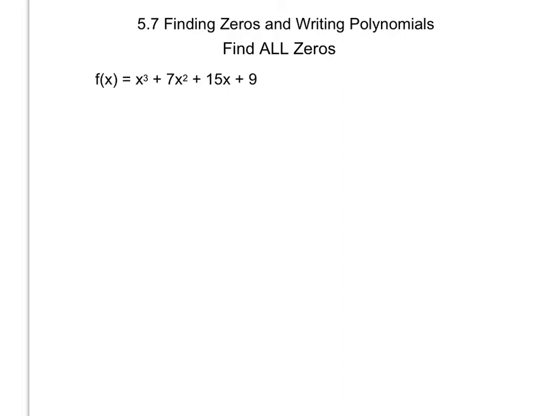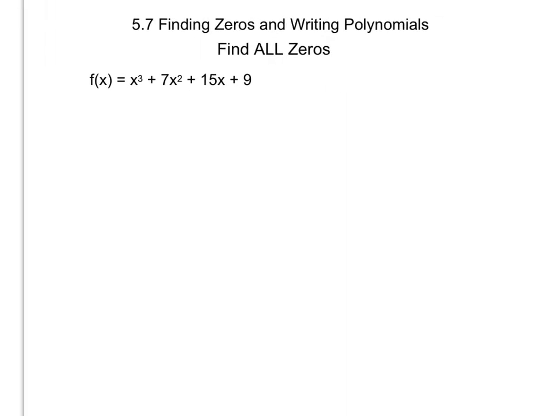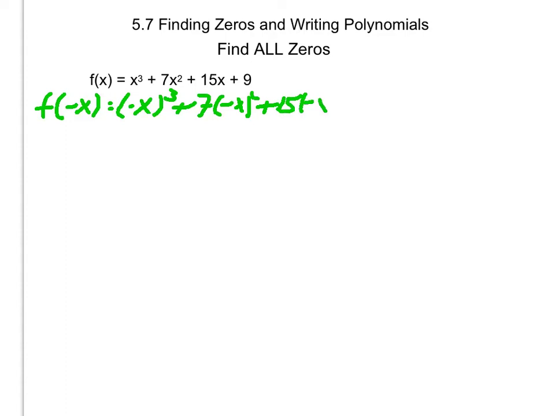So first off, we can just take a look at how many sign changes are happening here. We have no sign changes with positive f of x, so there will be no positive solutions. And if we find f of negative x, we'll have negative x to the third plus 7 times negative x squared plus 15 times negative x plus 9.